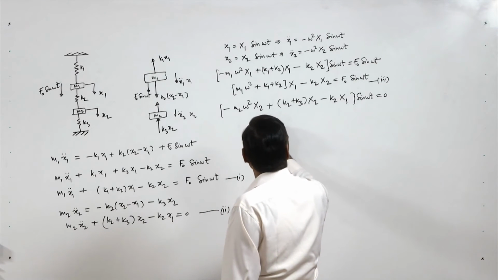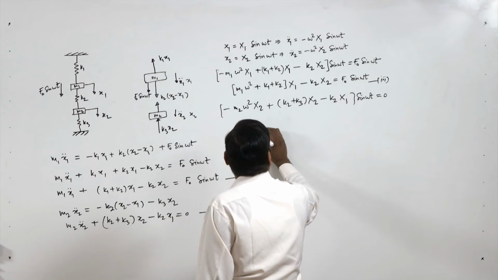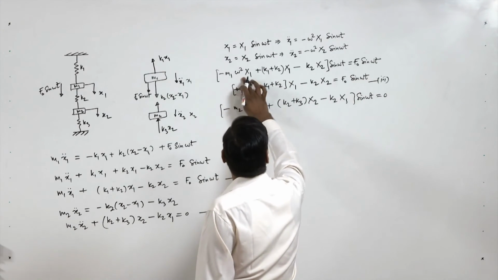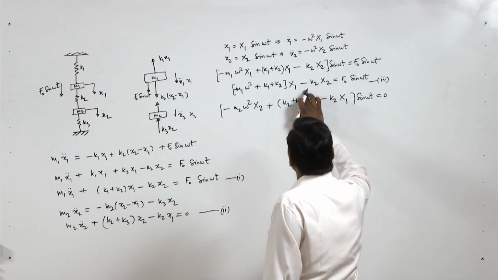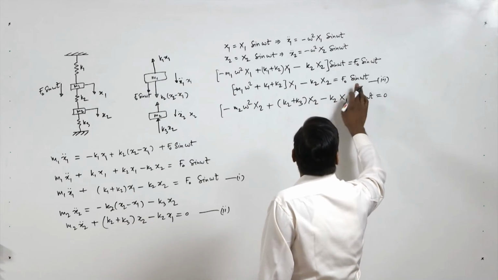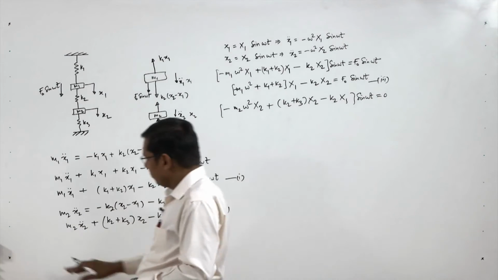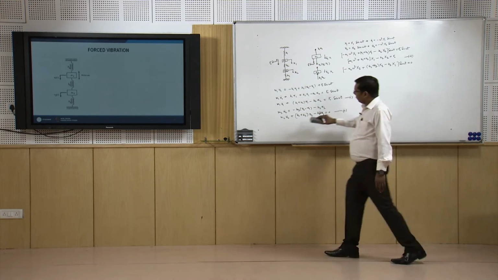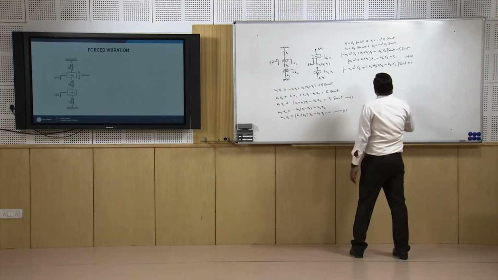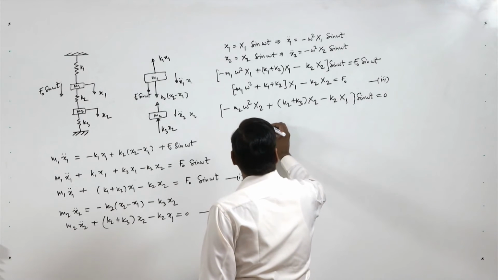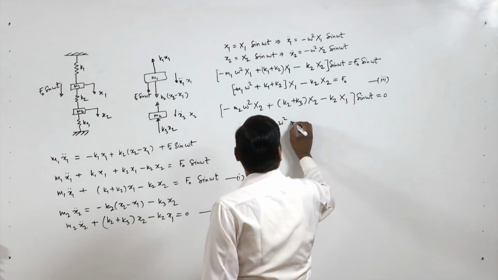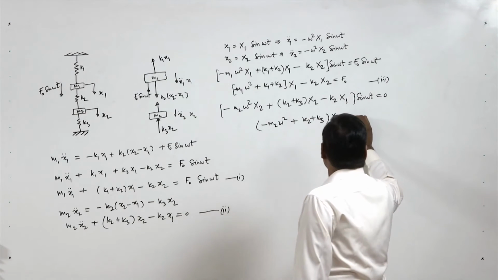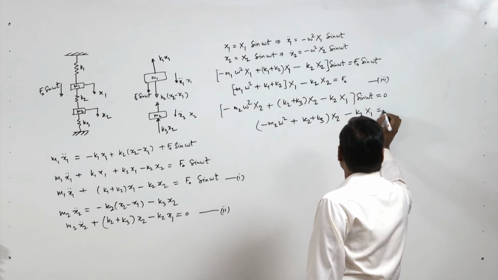So, here we can have minus m2 omega square plus k2 plus k3 x2 minus k2 x1 equal to 0.